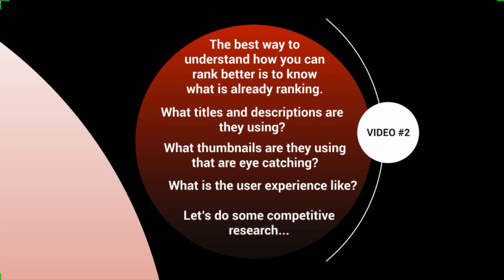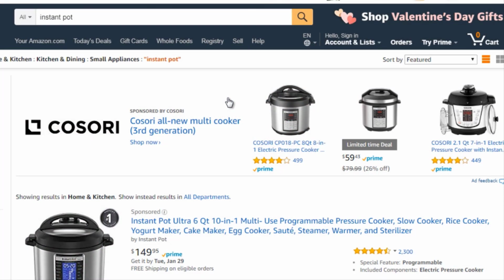So let's go ahead and do some competitive research. To make sure that we find YouTube videos that actually relate to promoting a product, I'm going to pick a product out of the blue and take a look at YouTube.